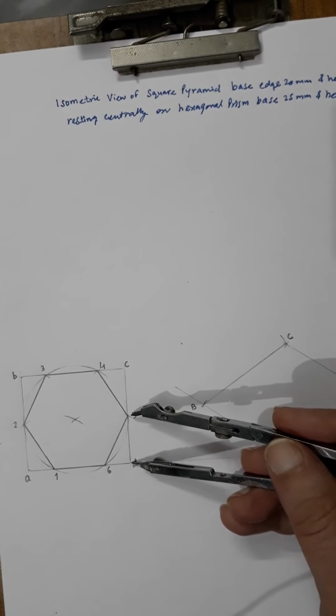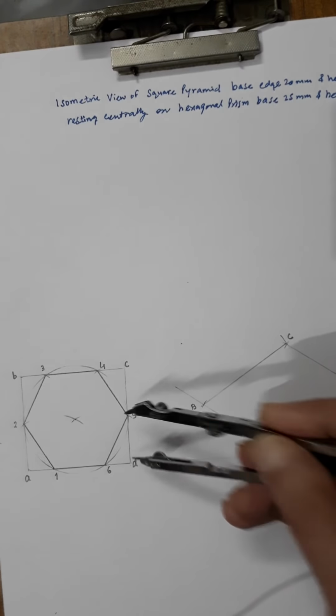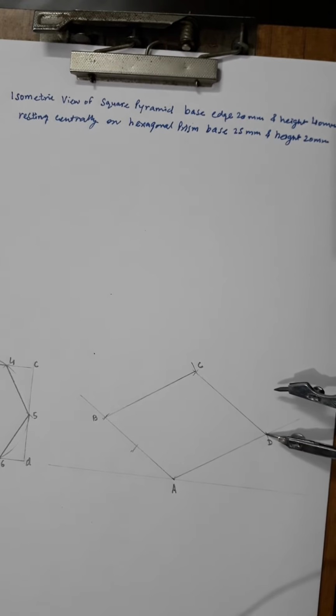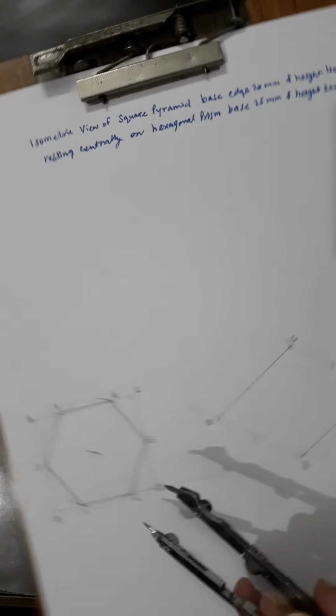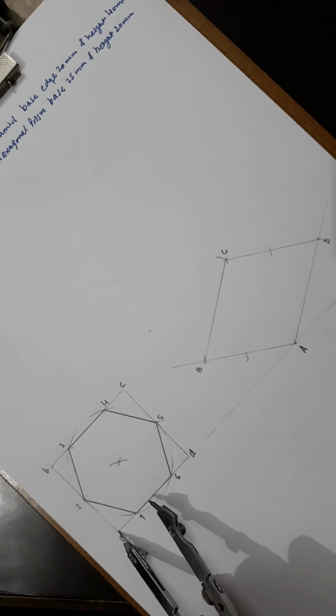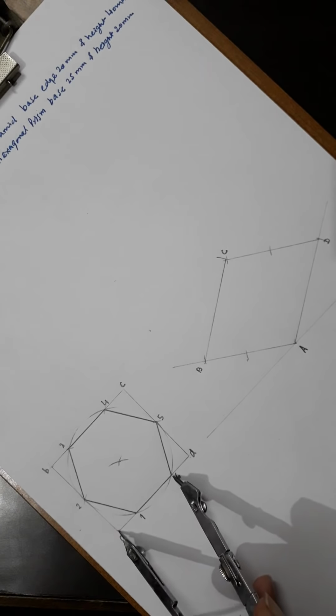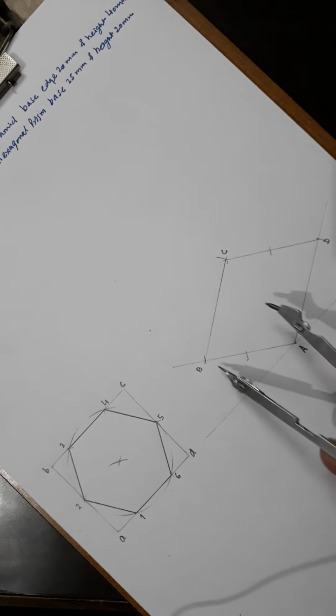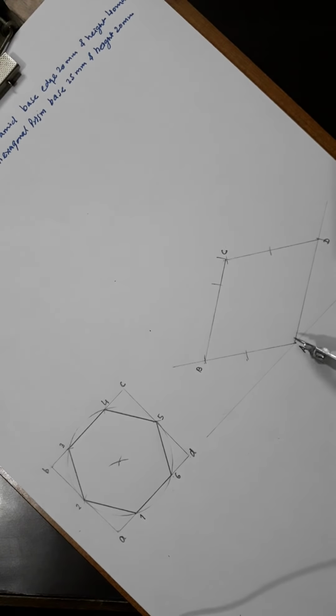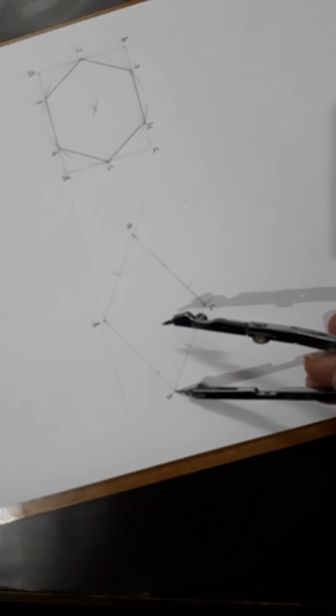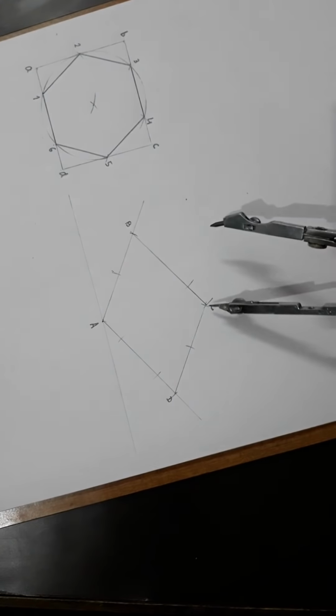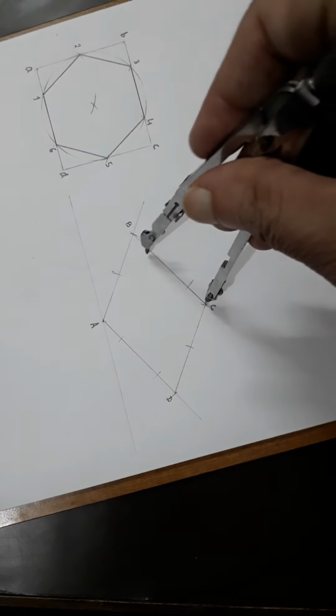Similarly, D5 you can take from here, and that will be the same. And A6 you can take from here. A6 and B4 will be the same, and it will be equal to D1 and B3.